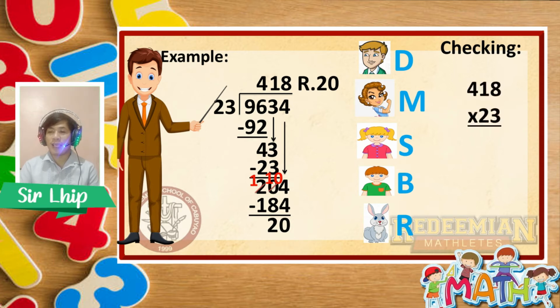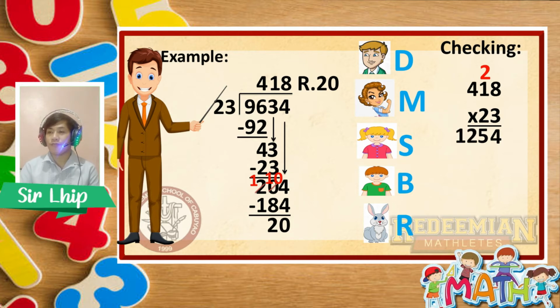418 times 23. To check the answer, multiply the divisor and the quotient. So, 3 times 8 equals 24. Carry 2. 3 times 1 equals 3 plus 2 equals 5. Then, 3 times 4 equals 12.